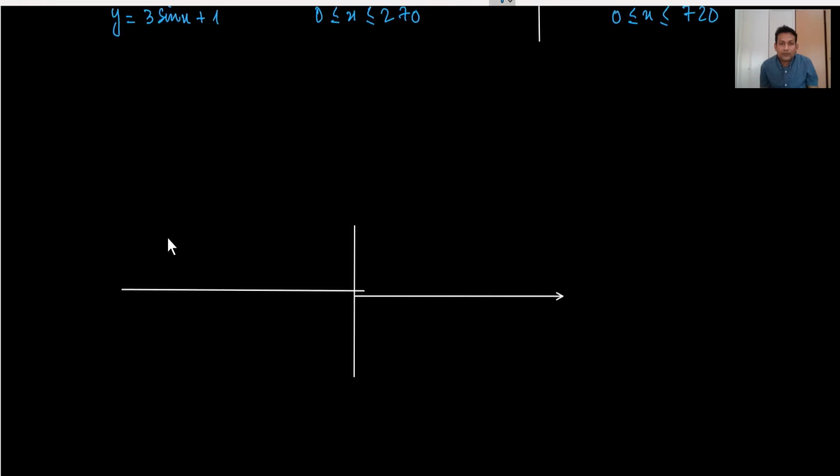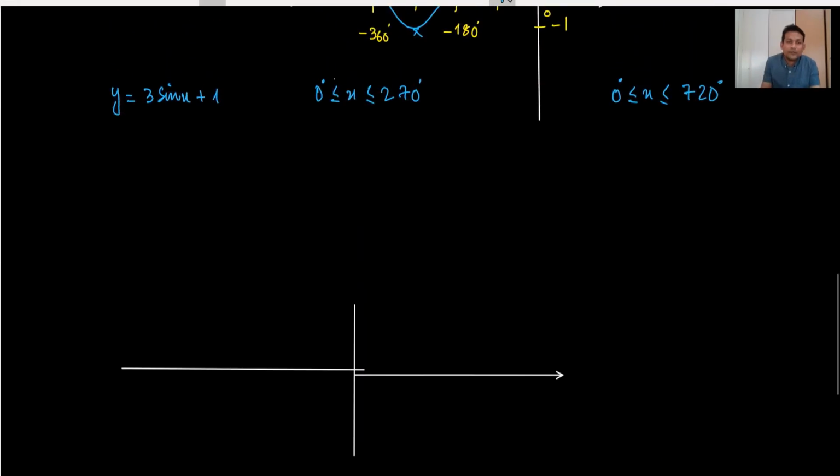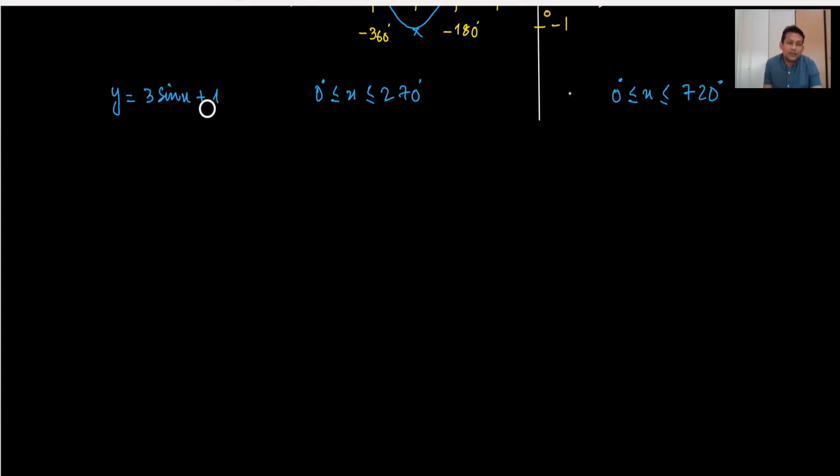Now, for this sketch, the axis of the curve is 1, and we have to move 3 up. 3 up means 4, and down is -2. So I think the first is here, okay.